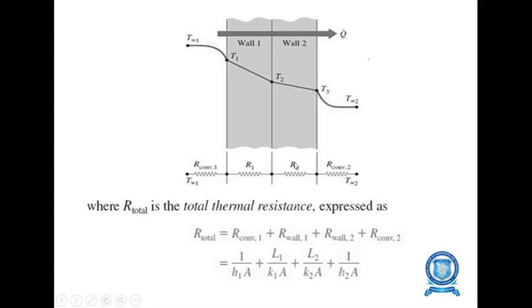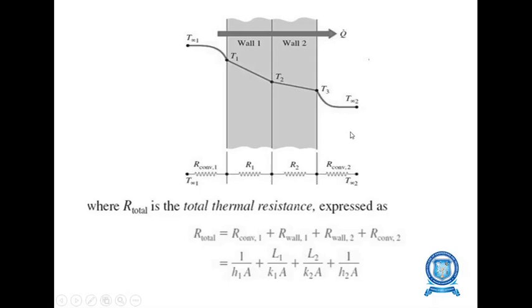We can consider this as R wall 2. After T3, in this region there is a convection, therefore R convection takes place. The initial temperature in the entire process is T infinity 1, and the final temperature is T infinity 2.